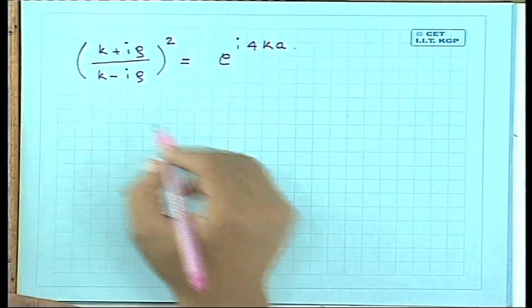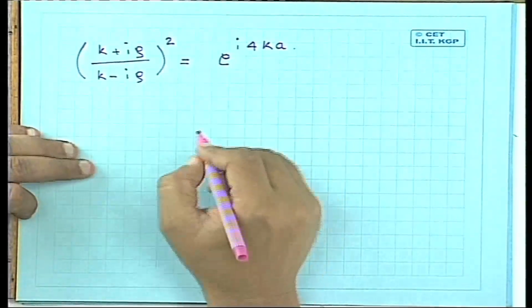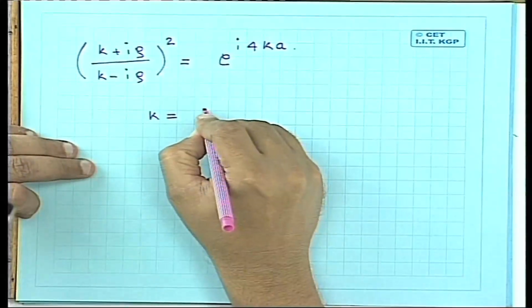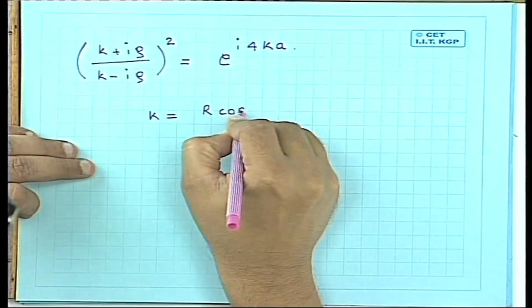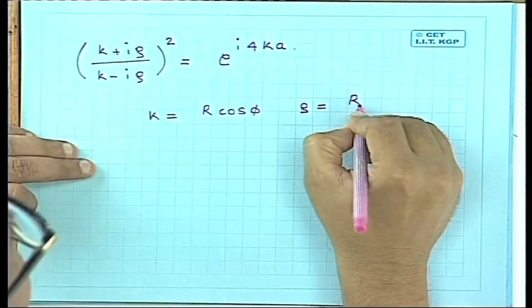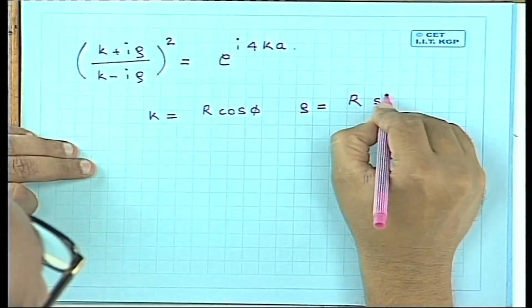So now it is quite straightforward to solve this. Let us substitute k is equal to r cos phi, rho is equal to r sin phi, where r is some number, doesn't matter.